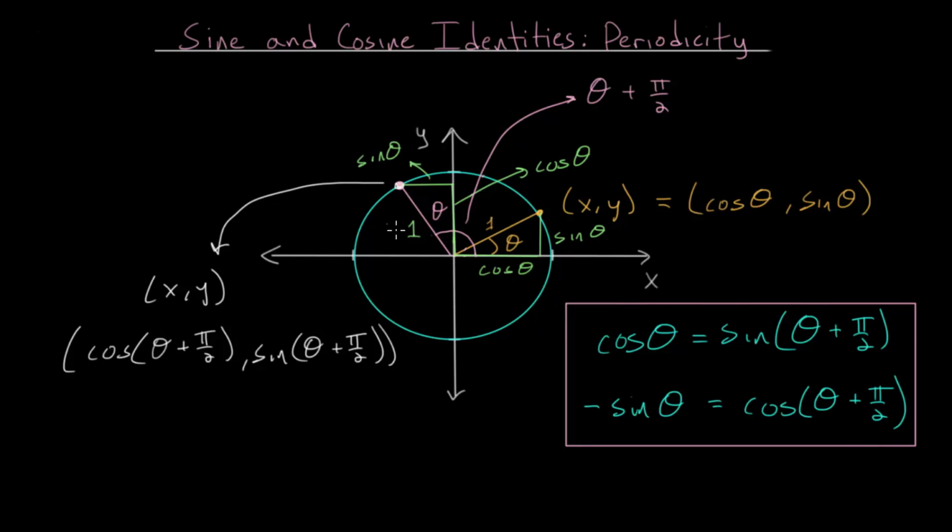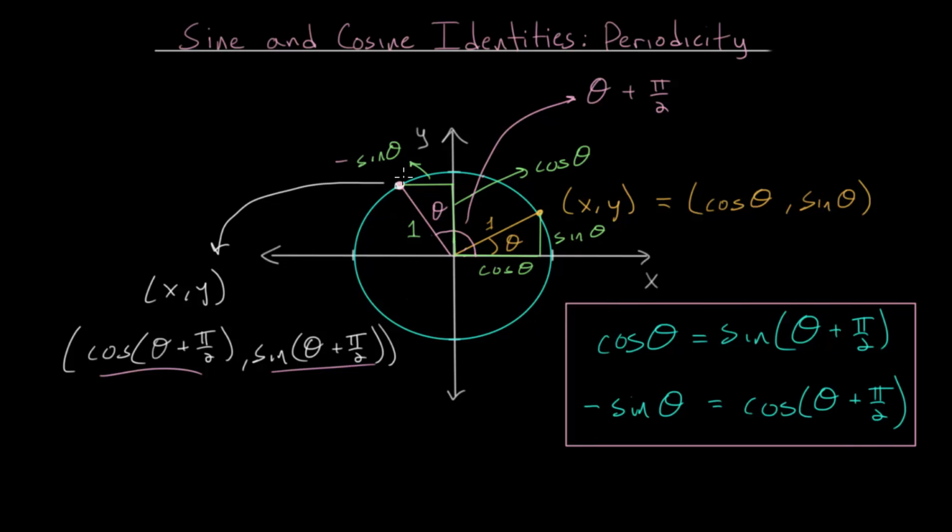But when relating these to the x and y coordinates of our new point on the unit circle, we need to realize that the x coordinate is now in the negative direction, though the y coordinate is still positive. So we can say that the cosine of this new angle, theta plus pi over 2, would be the negative of sine of theta.